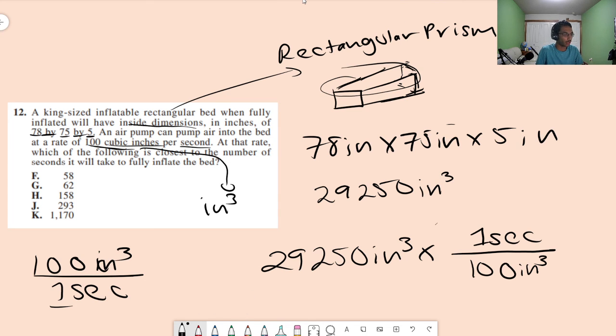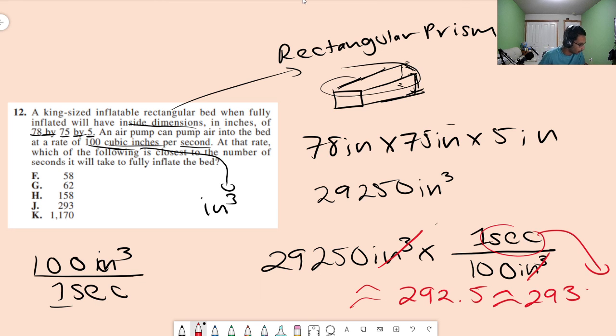And now you can see that the inches cubed cancel each other out, and then what we can do is division essentially. So this basically gives us something around 292.5, around 293. And what are we left with? Perfect, we're left with seconds.